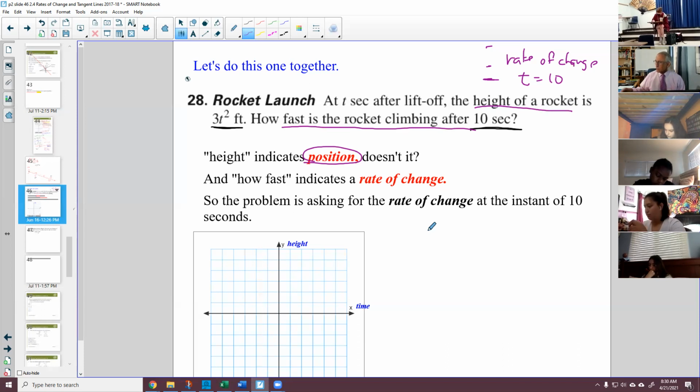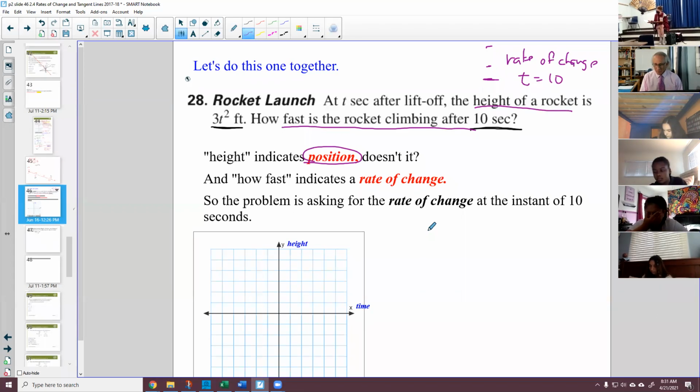I'm trying to look through my notes. You want another minute to look, or should we phone a friend here? We should phone a friend. Okay, listen carefully then. Isabella, can you tell me what is the formula we're going to use to find the rate of change?